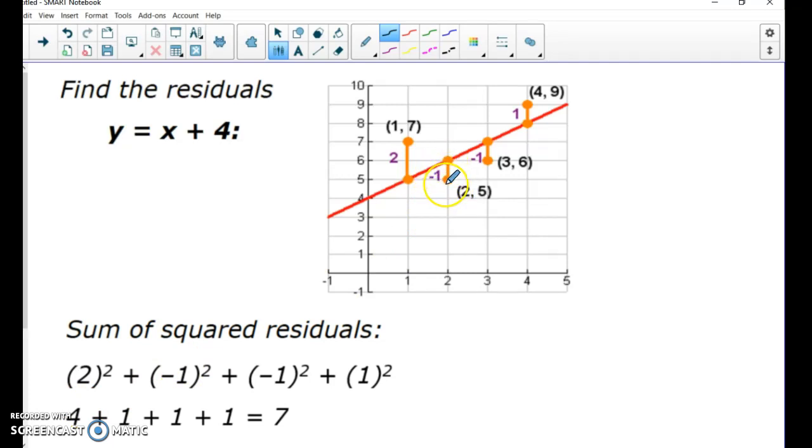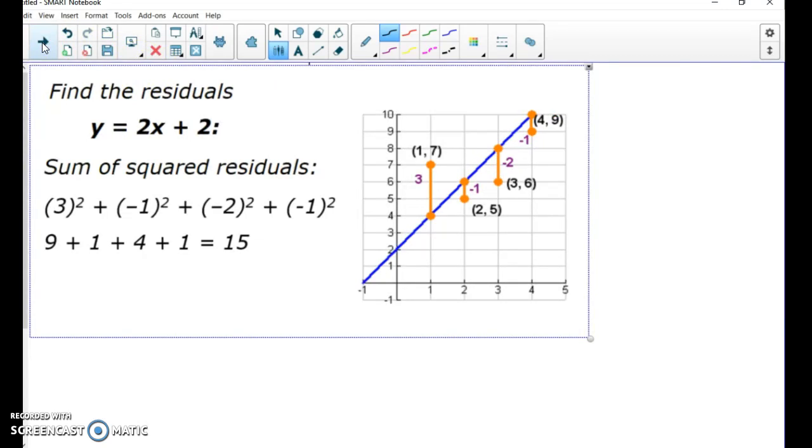This point lies 1 unit away from the line. Here another -1. We've taken both of those and squared them and got a positive 1. And the point (4, 9) lies 1 unit from the line as well. We've taken the sum of the squares and added those up. So for the first line, we have a value of 7.